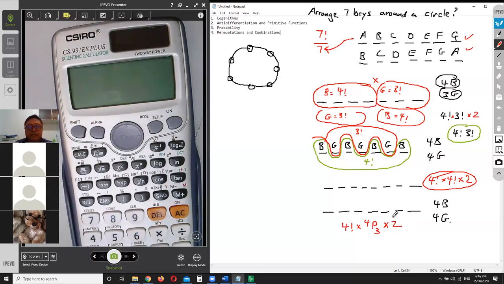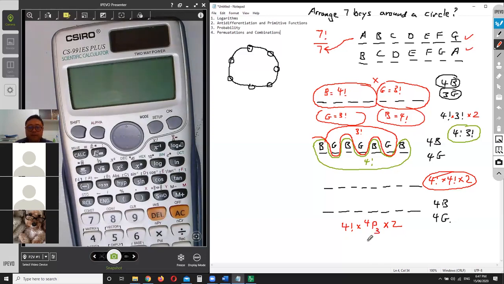Regardless of which gender gets left out, you'll have 4 factorial arrangements for the gender that isn't left out, and you'll have 4p3 arrangements for the gender that is left out. Does that make sense? Cool. So what was 4p3 the same as?